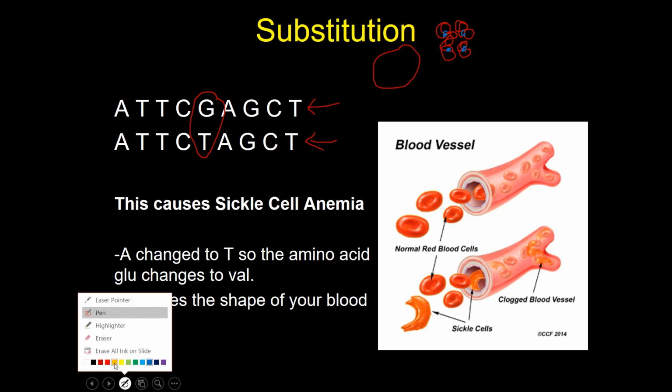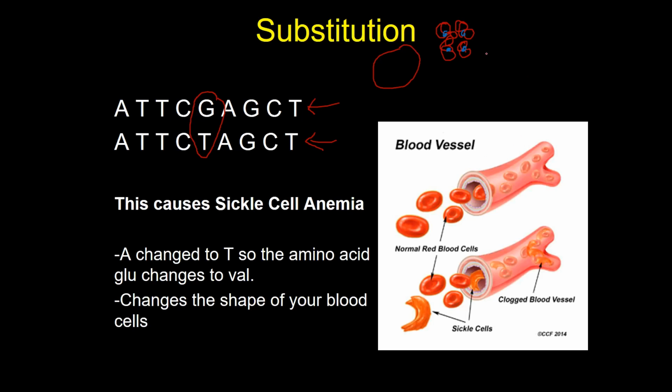However, in a sickle cell chain, those proteins don't form in that way, and they're going to form very strangely. Now, instead of a nice round red blood cell, we get a red blood cell that is sickled in shape, kind of like this one down below here. If we're looking at its ability to carry oxygen, it definitely cannot carry as much oxygen.